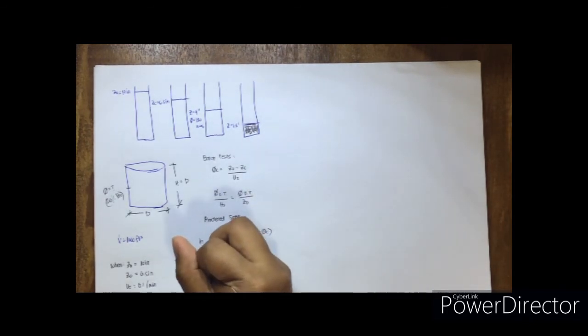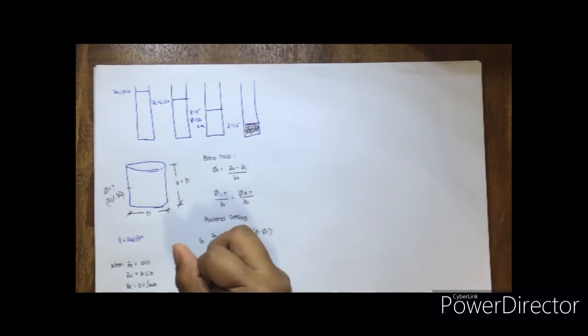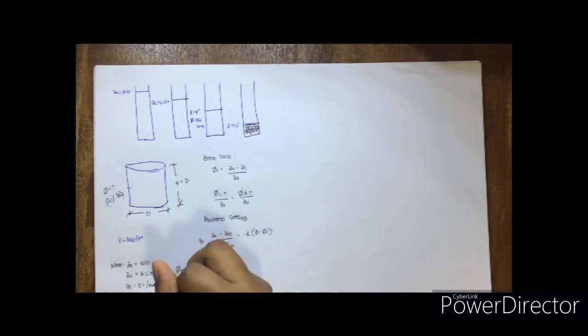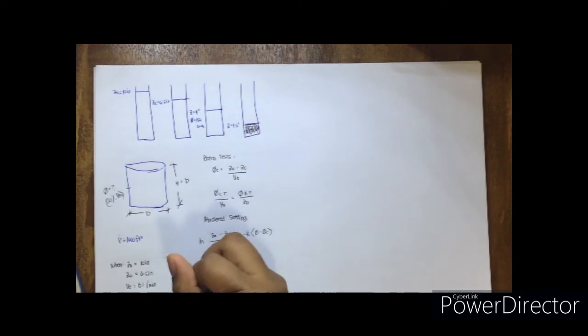So 10 minus 6.5 divided by 0.1. The time at the end of the free settling period is 35 minutes.